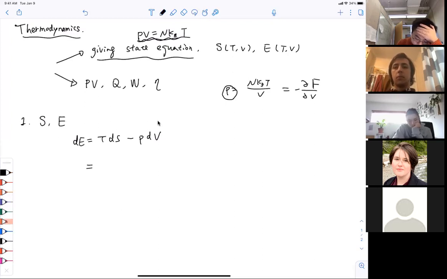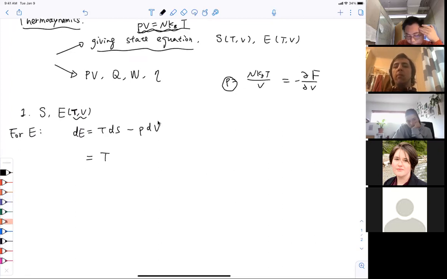So now let's first look at the energy. So we want to calculate it as a function of T and V. So that's actually corresponding to the canonical ensemble, right, if you want to think in terms of statistical mechanics.